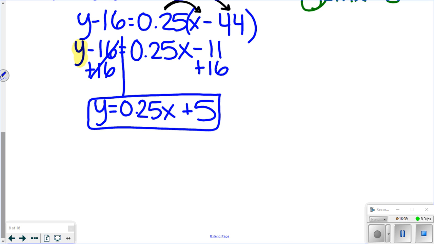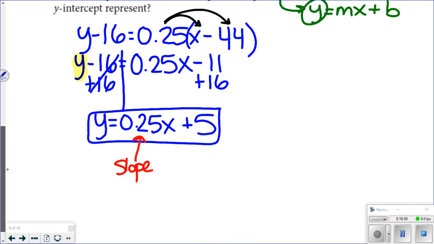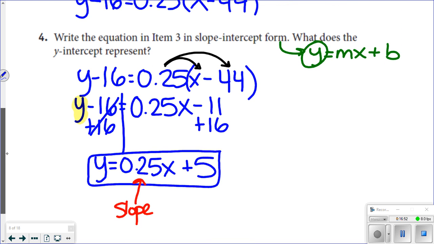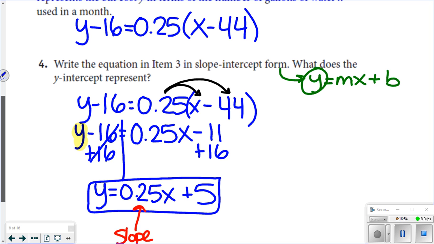So what's my slope here? My slope is 0.25. That hasn't changed, right? That is what you get charged per gallon of water used. But what is this 5? This 5 is your y-intercept.